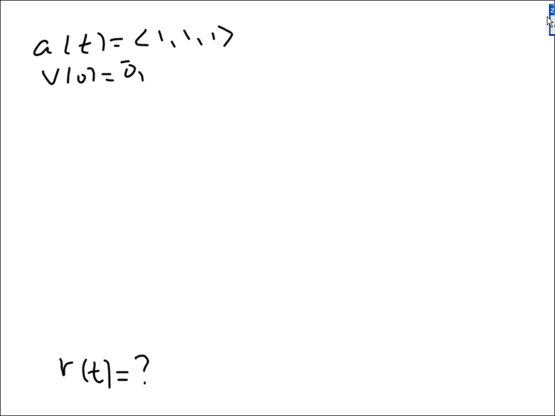And we want to find r of 2. What does r of 2 equal? They tell us that a of t is 1, 1, 1, and v of 0 is the 0 vector, and r of 0 is also the 0 vector.